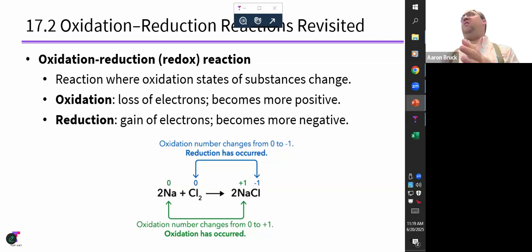In the process of losing electrons, the oxidation number gets bigger, more positive, because it's losing negatives. And reduction, the gain of electrons, where something is adding more electrons, its oxidation number is getting more negative, which means it's going down.